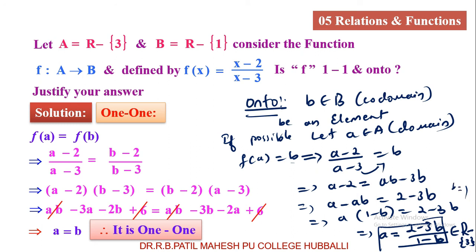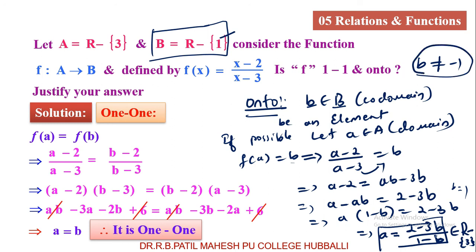But here in the set B it is clearly mentioned that you should not take 1. So b belongs to capital B means b is not equal to 1. Hence you will not take that b value, and this a will definitely belong to the domain, R minus {3}. Hence this function is an onto function. Hello students, hope you are understanding this onto function.